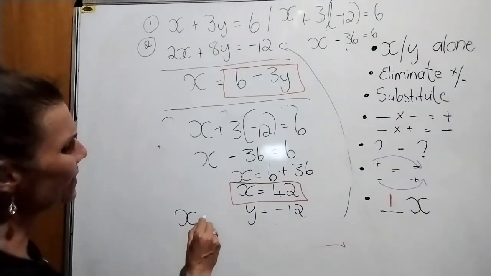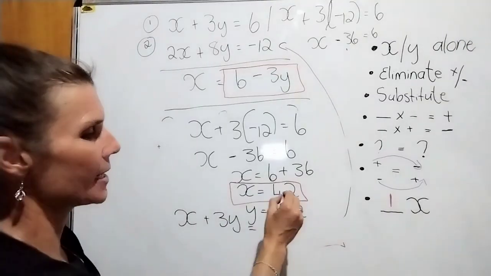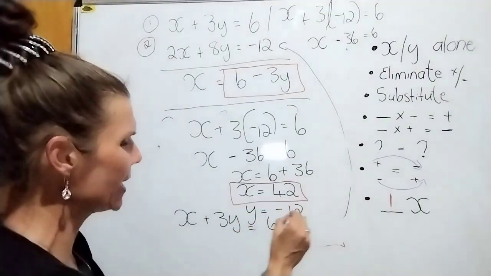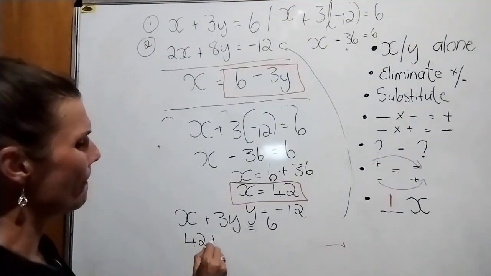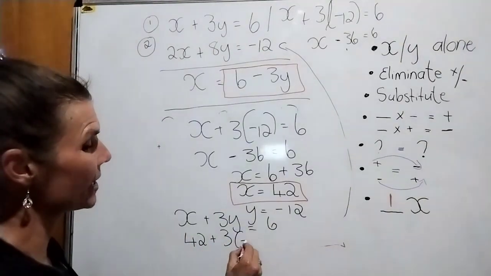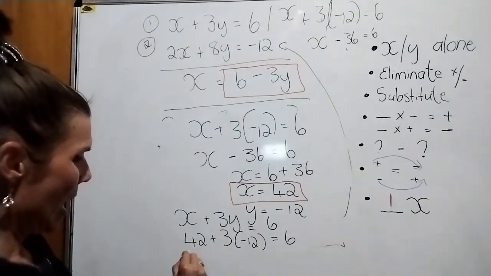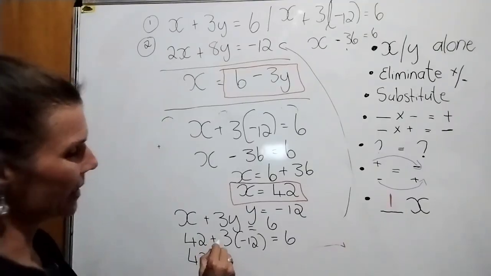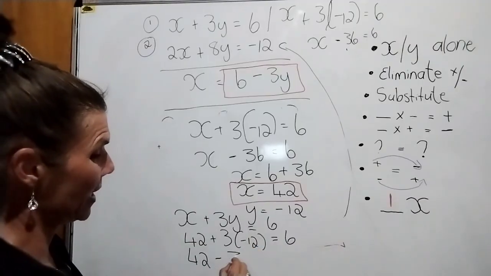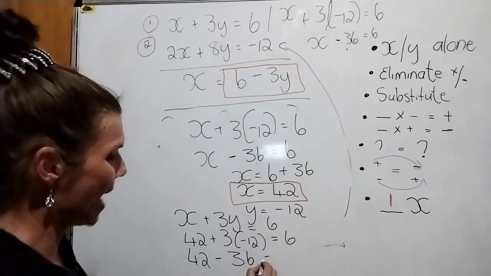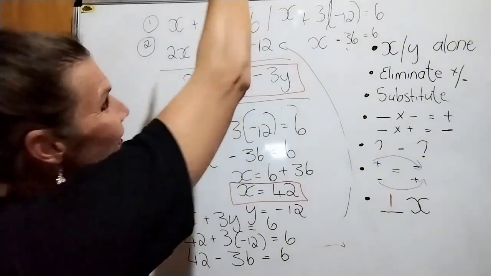So, if x plus 3y should equal 6, and x is 42, and y is minus 12, let's see if it fits. x is 42 plus 3 times minus 12 should equal 6. 42, a plus times a minus stays a minus. 3 times 12 gives me 36, and 42 minus 36 gives me 6.